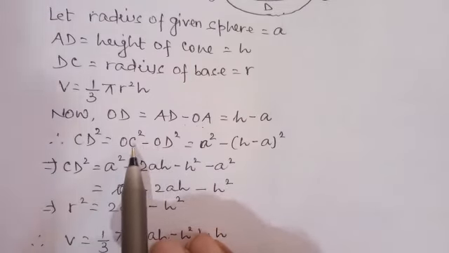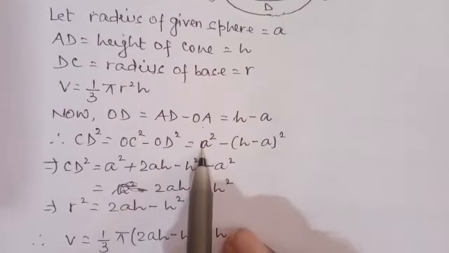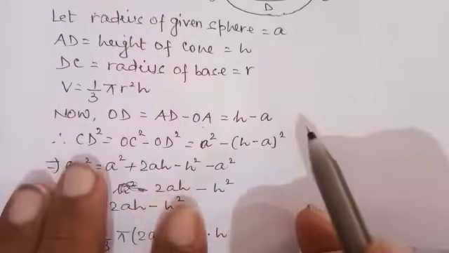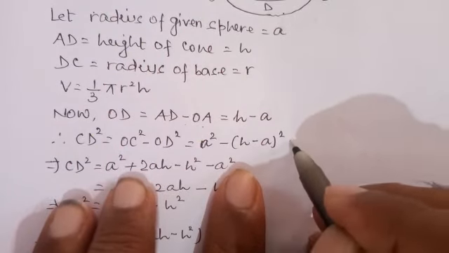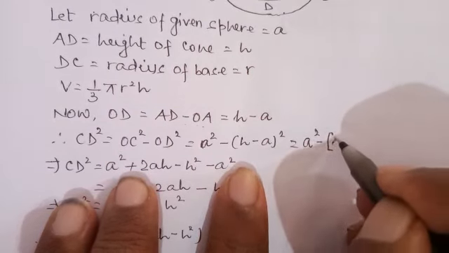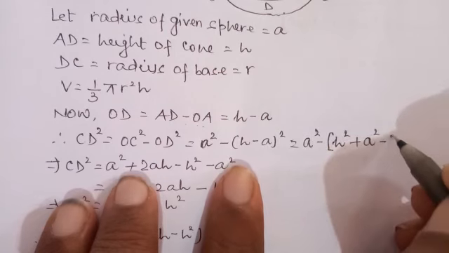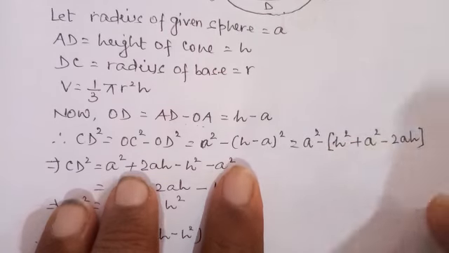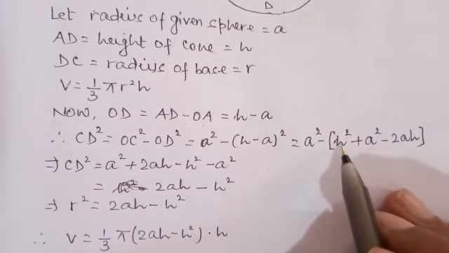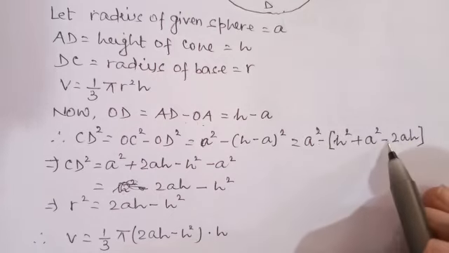OC, that is the radius of the sphere, A square minus H minus A whole square. Expand according to the formula of whole square. So A square minus H square plus A square minus 2AH. Open the bracket now. While opening the bracket, H square and A square become negative and 2AH becomes positive.